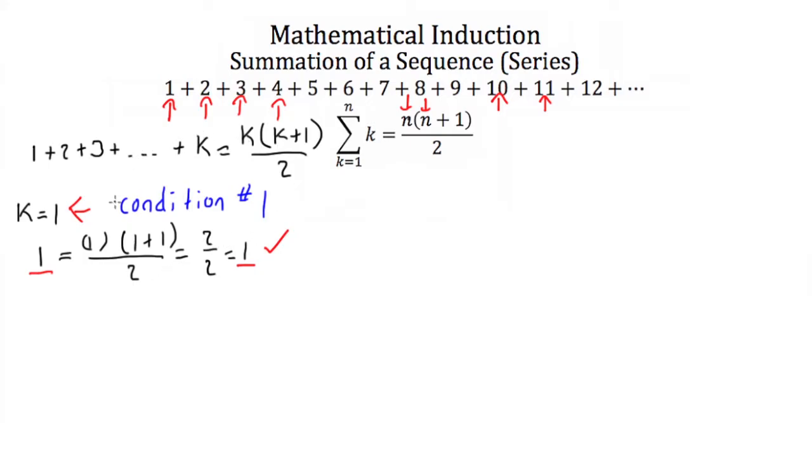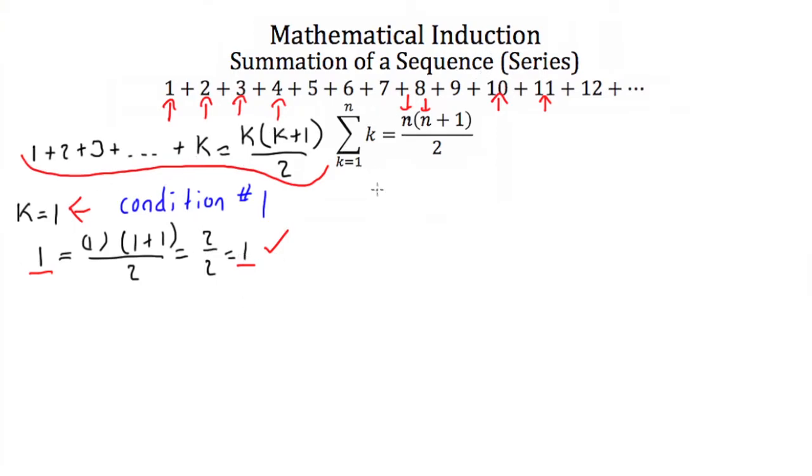Now we have to check our second condition. And when we do that, we say that this statement here is true, which is a generic statement for any value of k or any spot in this sequence. If we say that this is true for any generic spot in this sequence, we next want to test and see if it's true for the next spot in our sequence, or the k plus 1 spot.